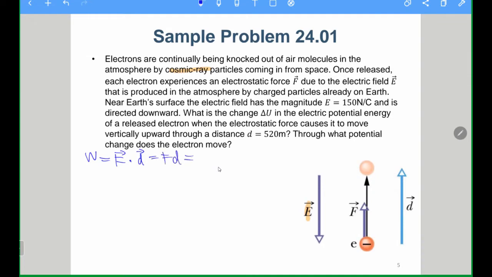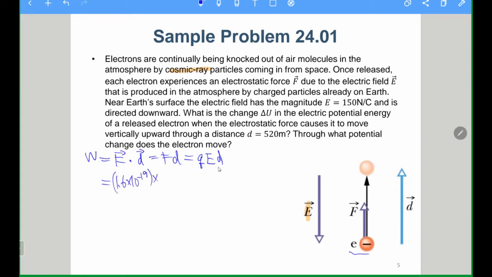So here F is actually Q times E. From chapter 22, we know F equals QE and then times D. Okay, so we can plug in the values. Q is the absolute value of the electron charge, which is 1.6 times 10 to the minus 19.